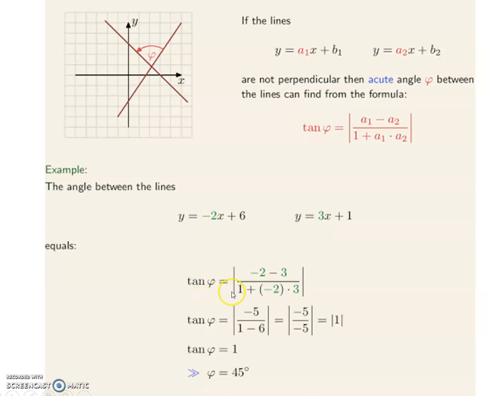Tan phi is equal to modulus of minus 2 minus 3, that is a1 minus a2, upon 1 plus a1 into a2, which is minus 2 into 3. Minus 2 minus 3 is minus 5, upon 1 minus 6. So minus 5 upon minus 5, the minus signs get cancelled. So the answer is 1. Tan phi is equal to 1. Therefore phi is equal to 45 degrees.